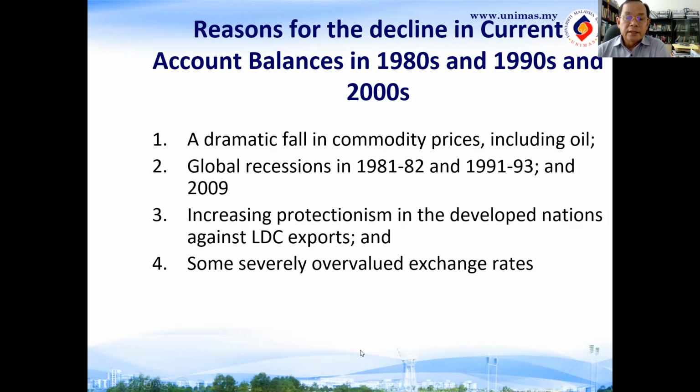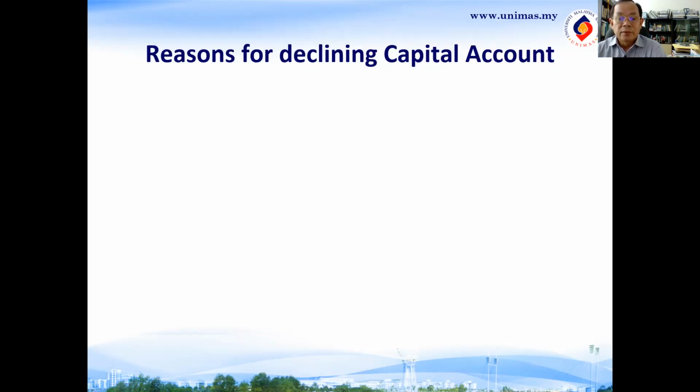And also another reason is overvalued exchange rate, ya, pertukaran mata wang asing. Jadi nilai mata wang negara, contohnya bagi negara yang sedang membangun, sometimes overvalued, that sebenarnya menyebabkan masalah, ya.